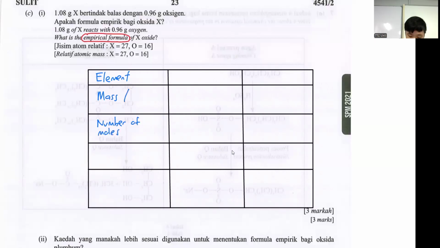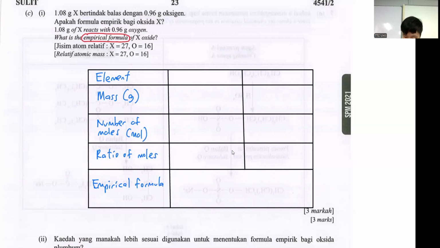By the way, the mass unit is gram. Number of mole, the unit is mole. Ratio of mole. Empirical formula, just in one column.